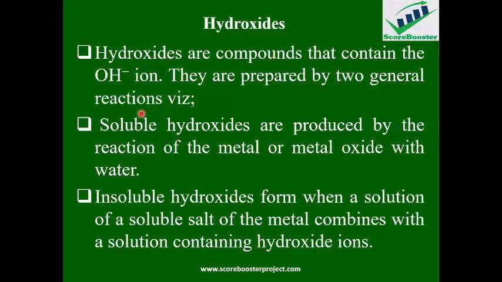From sodium hydroxide or potassium hydroxide, all these soluble hydroxides. So if you want to prepare aluminium hydroxide, or magnesium hydroxide as an example, what you need is a magnesium salt, like magnesium chloride, magnesium sulfate, or magnesium nitrate. When you have a soluble magnesium salt, you can use magnesium nitrate. Then you look for a solution that contains hydroxide, like sodium hydroxide.